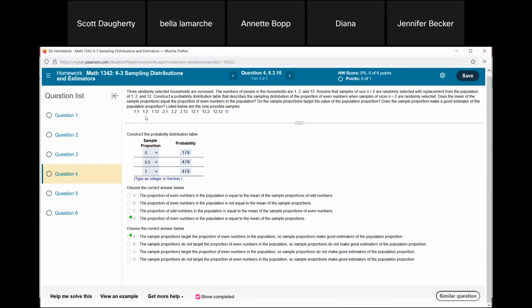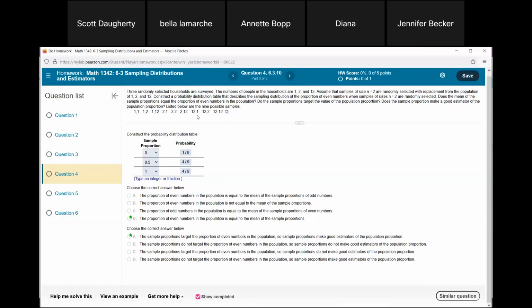That'd be 1 out of 2. 12 is even, that's 1 out of 2, right? 2 is even, 1 out of 2. This one, both of them are even, so it's 2 out of 2. So this one's going to be a probability, the answer is going to be a 1, right? So you get 0 here, half of them are even, half of them are even, half of them are even, all of them are even here, so you're going to get 2 out of 2, which is a 1, right? This one, 2 and 12, they're both even, so that's another 1.